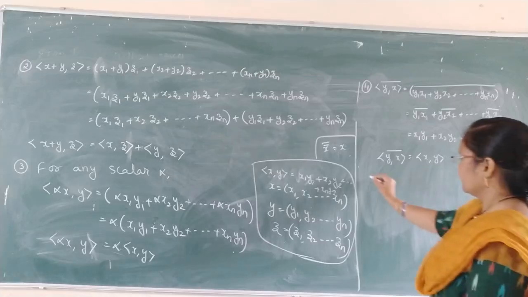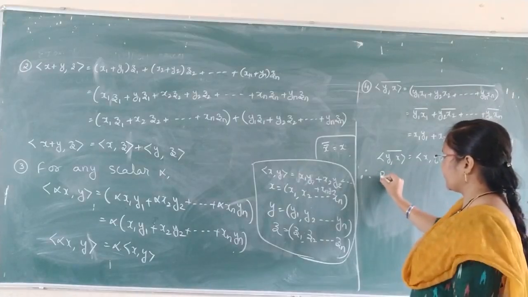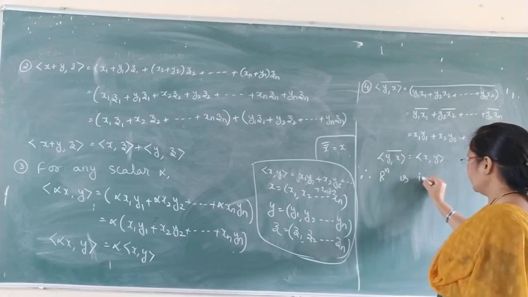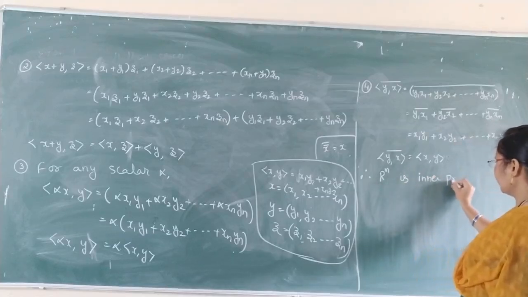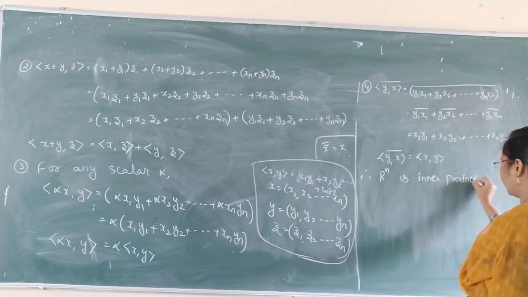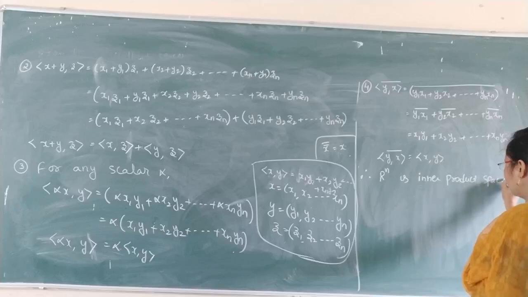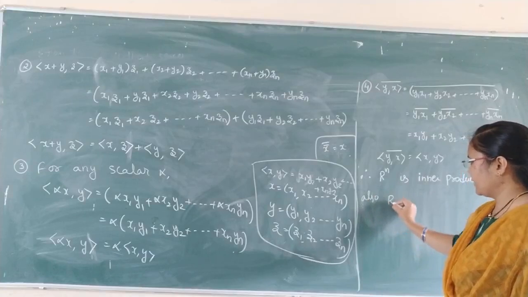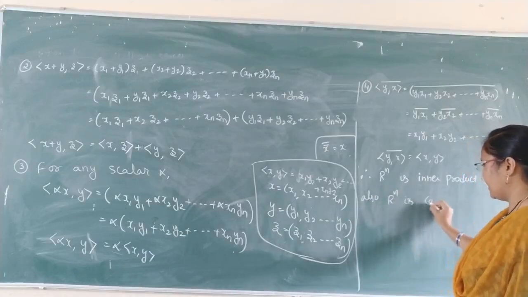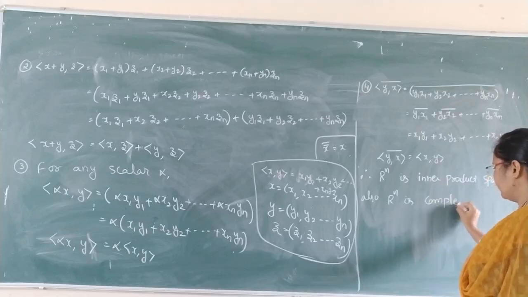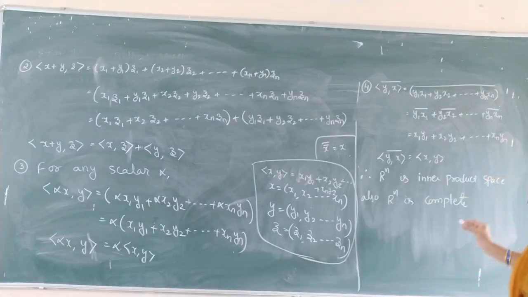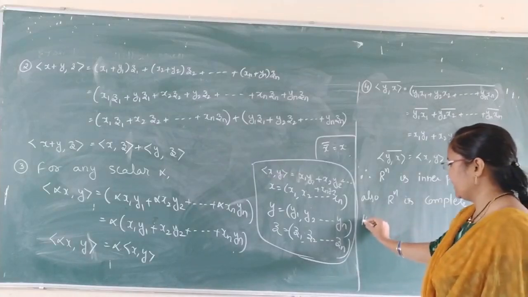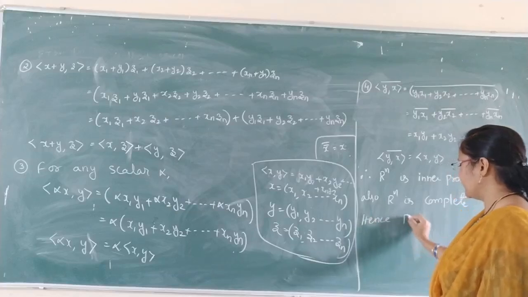So here, the space is R power n. So R power n is an inner product space. Also R power n is always complete. So R power n is complete and an inner product space, which means R power n is a Hilbert space.